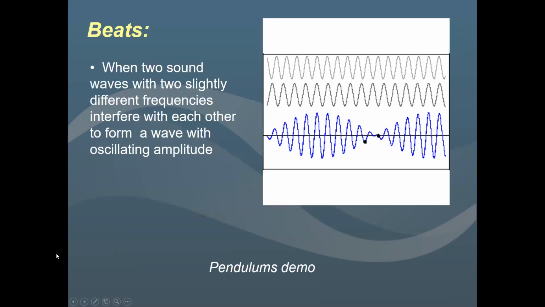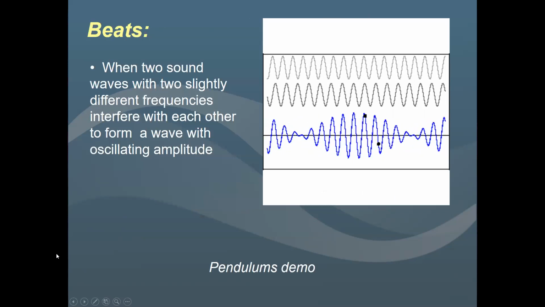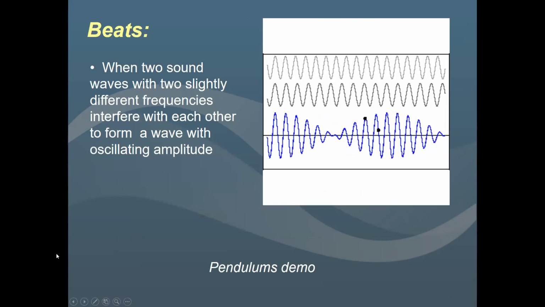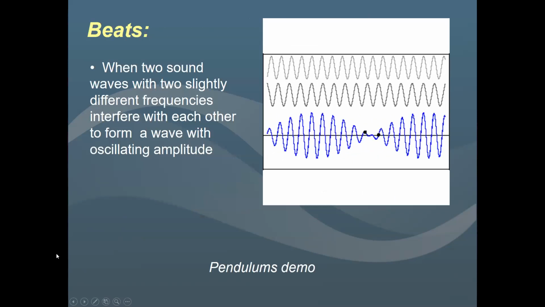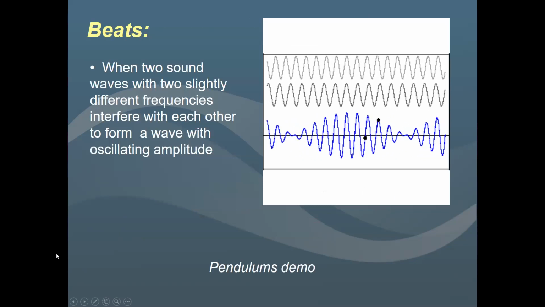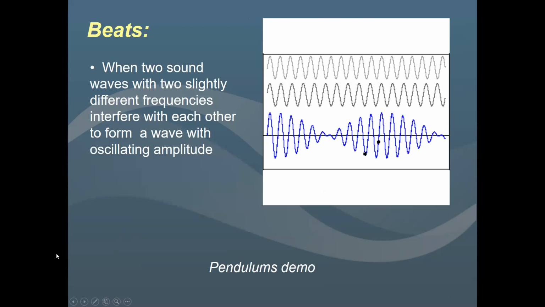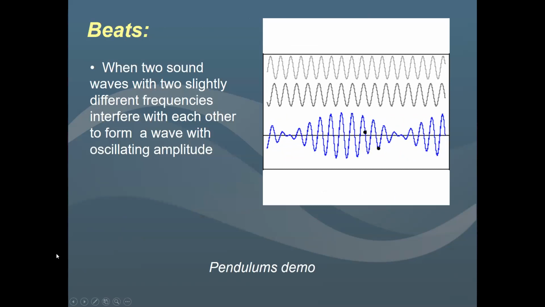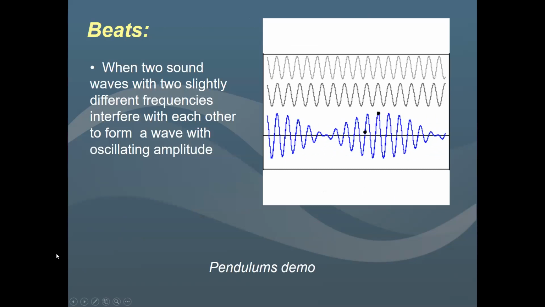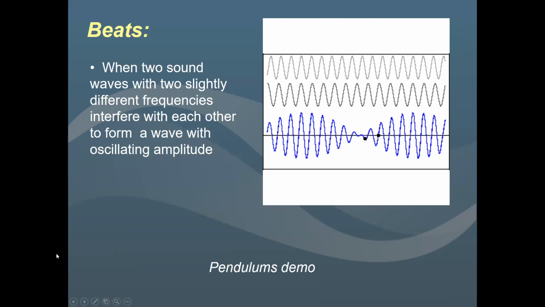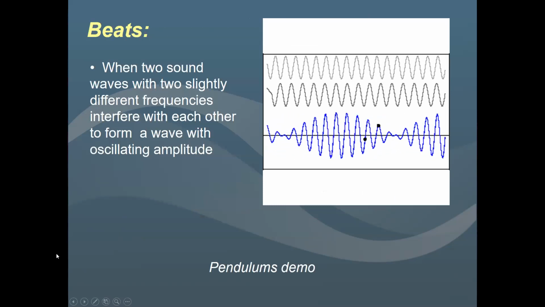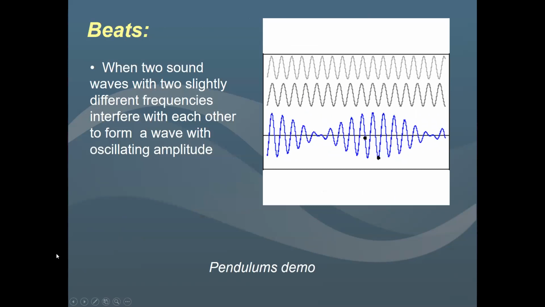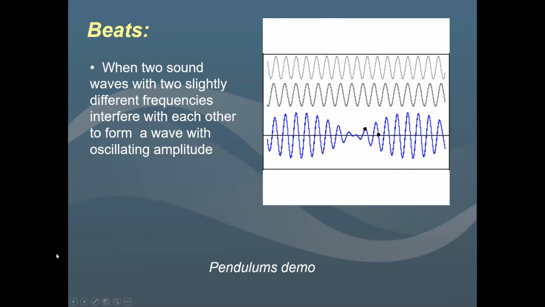Kind of shifting gears to a little bit of sound and music here. Beats in music: when two sound waves with different frequencies interfere, they can change the amplitude of that sound wave. Remember, we have constructive interference and destructive interference.